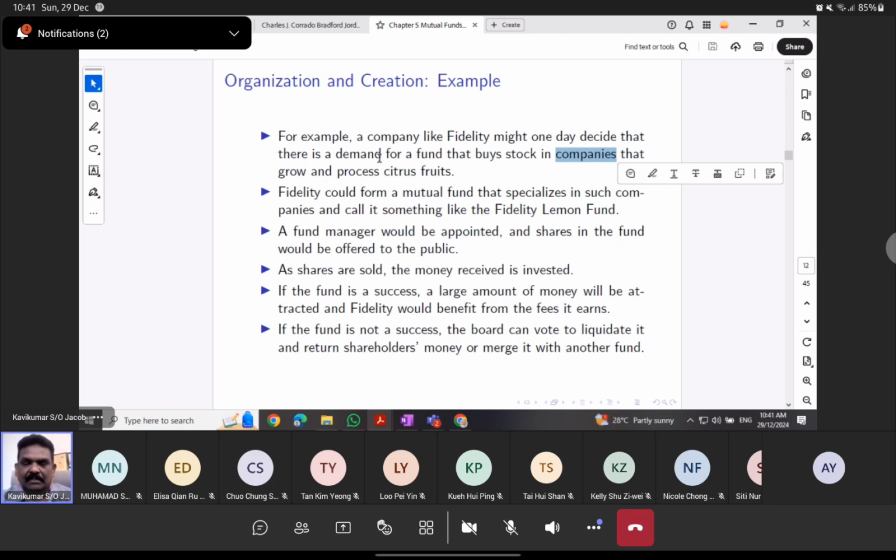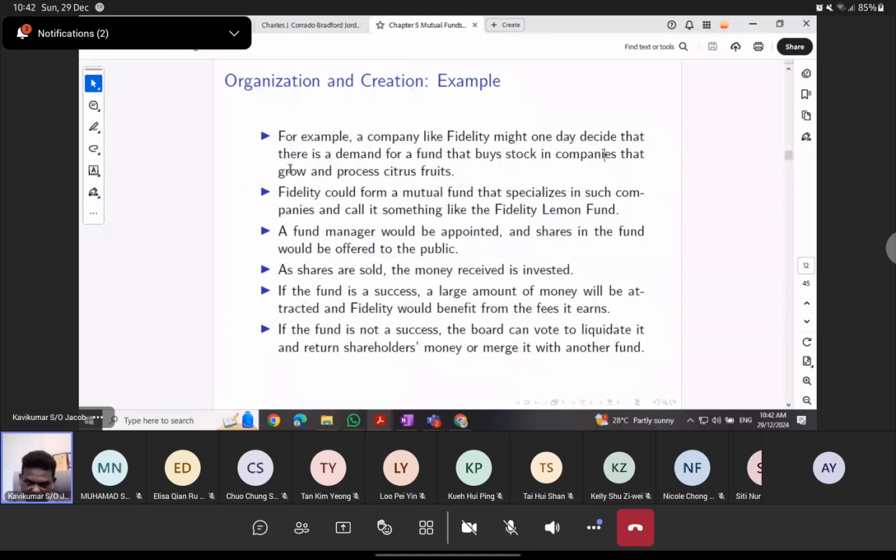They think that the project will attract investors. They think there is demand for a fund that buys stocks in companies that grow and process citrus fruits. Fidelity could form a mutual fund.